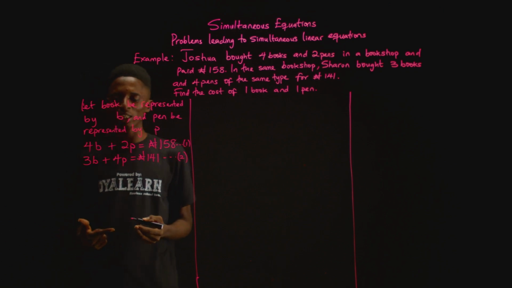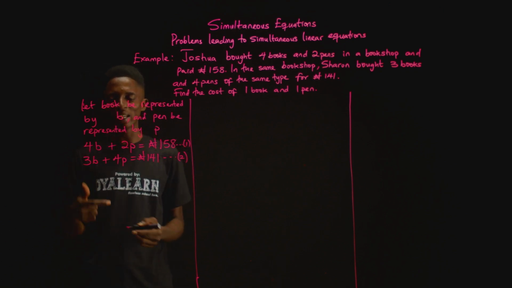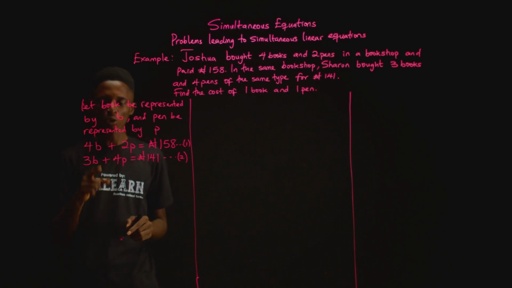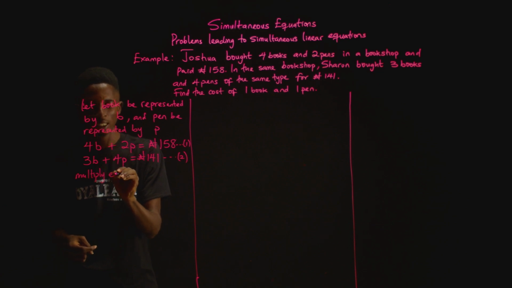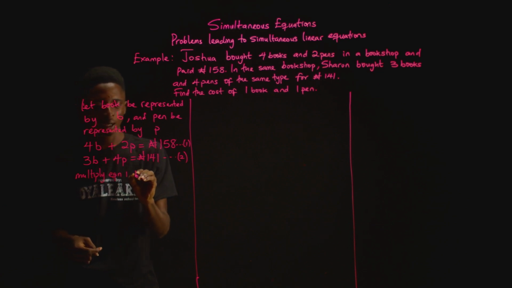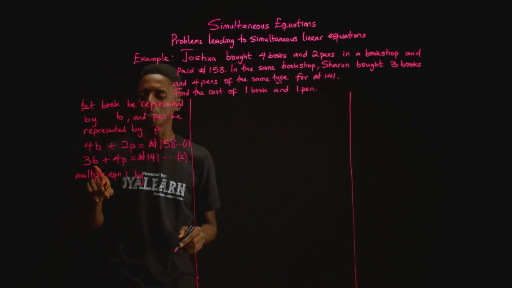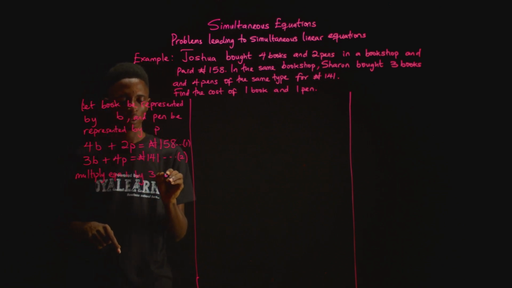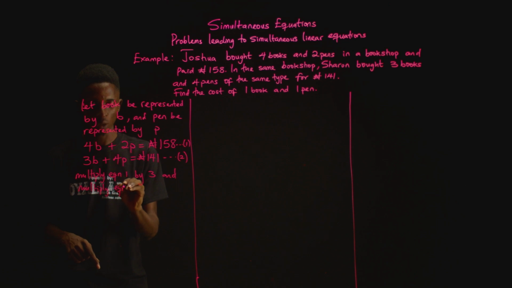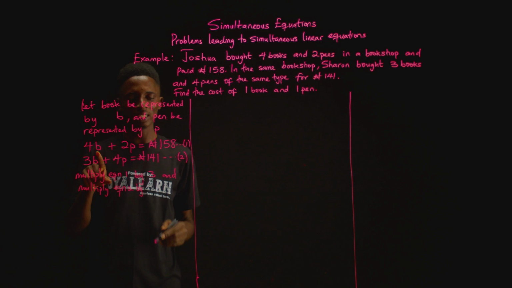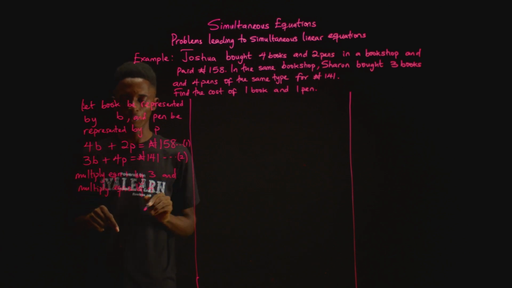In order to use the elimination method, I want to eliminate the B. To eliminate B, I will multiply equation 1 by the coefficient of B in equation 2, which is 3, and multiply equation 2 by the coefficient of B in equation 1, which is 4.